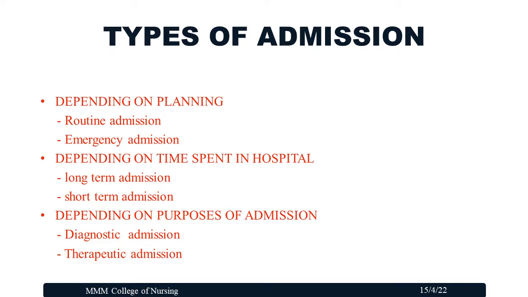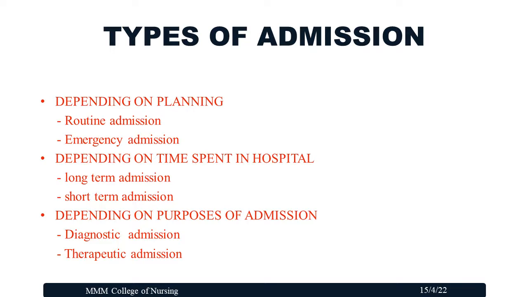In routine admission, the clients are admitted for investigation and planned treatment or for surgeries, for example diabetes, hypertension, etc. And in emergency admission, the patients are admitted for acute and emergency conditions which require immediate treatment, like burns, drowning, road accident, fall, heart attack, etc.